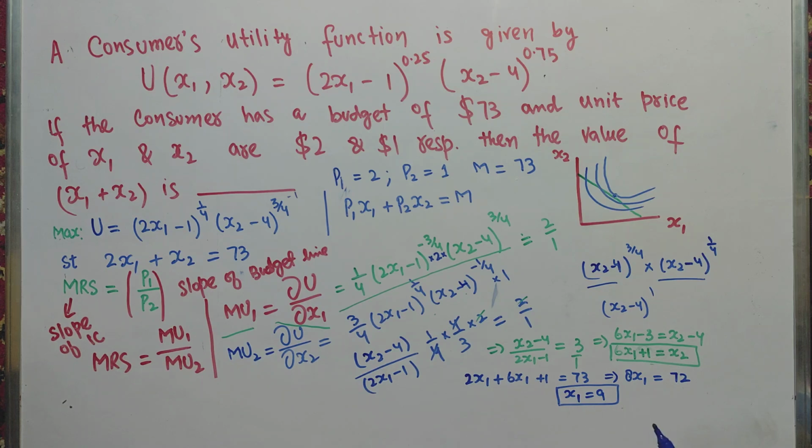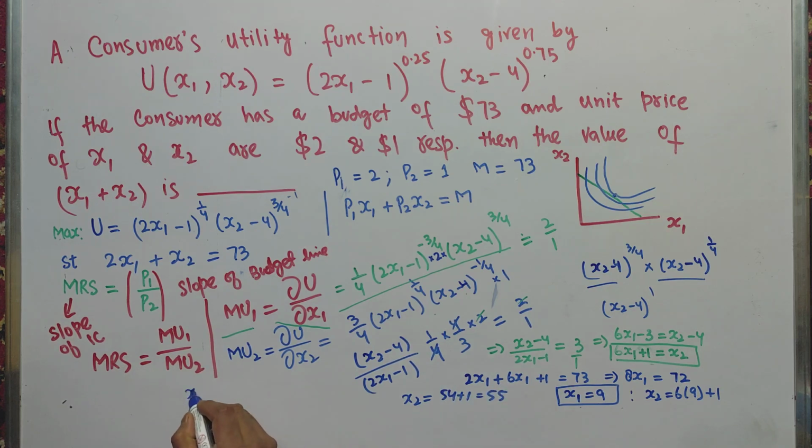Then the value of x2 will be equal to, plug the value of x1 in this equation to get the value of x2. So x2 will be equal to 6 times the value of x1, which is 9, plus 1, which gives us x2 is equal to, 9 6s are 54, so 54 plus 1 comes out to be 55.